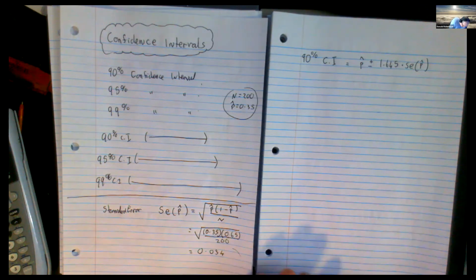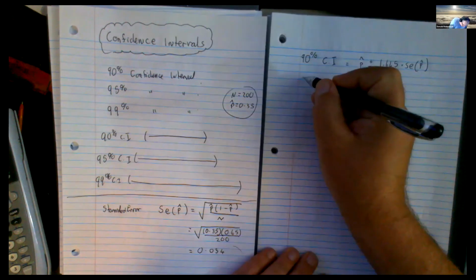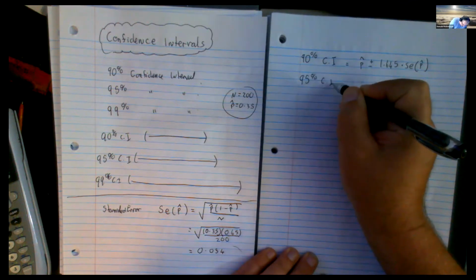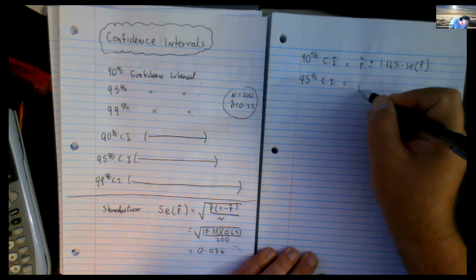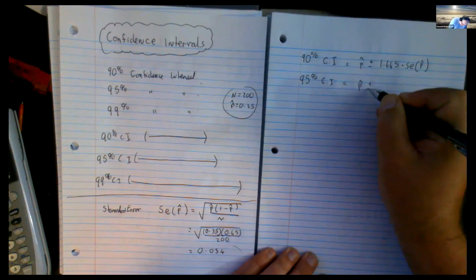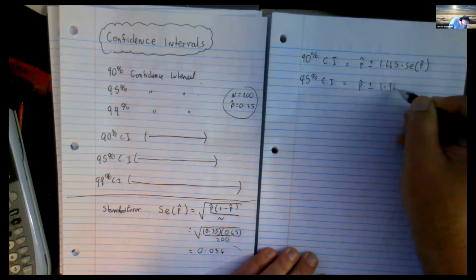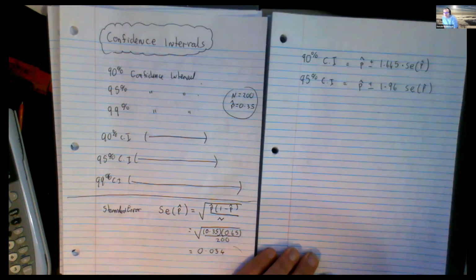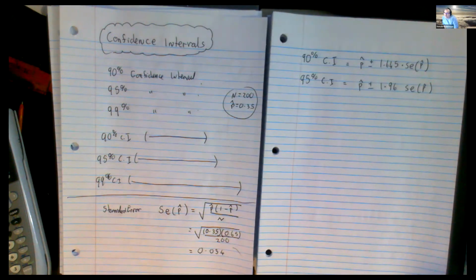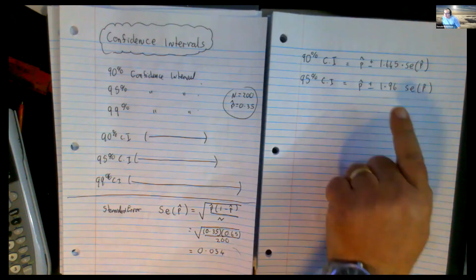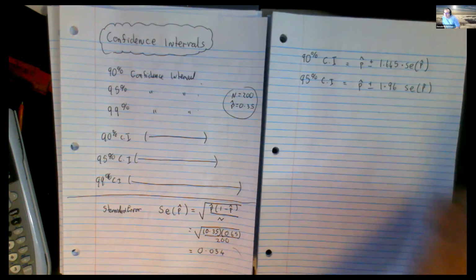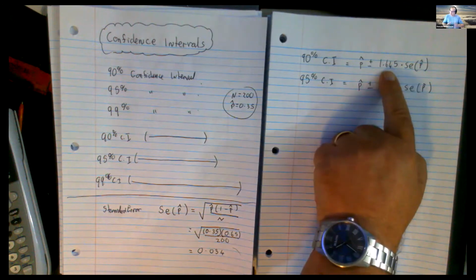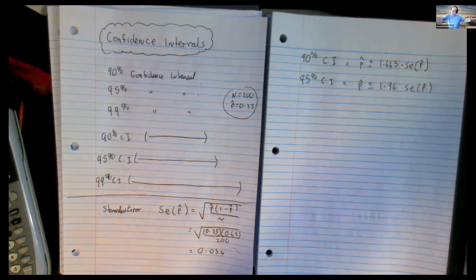Now, if you want to do a 95% confidence interval, it's p hat plus or minus 1.96 times the standard error. Do you notice the only difference is the magic number that you multiply the standard error by? And have you noticed that that number is bigger than this one? Can you see why that makes the interval grow larger?